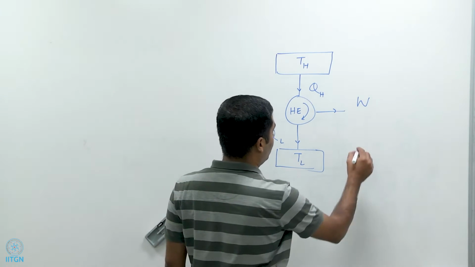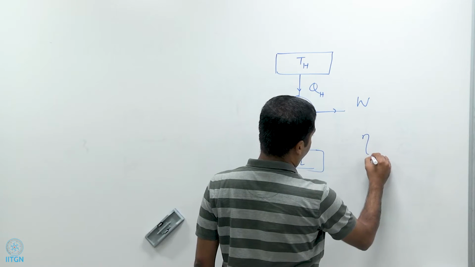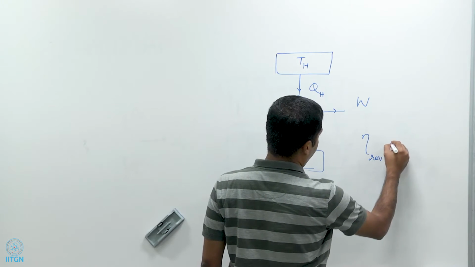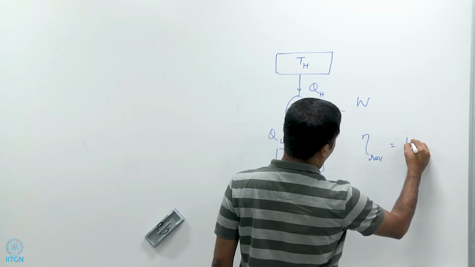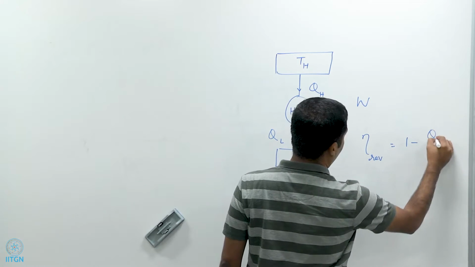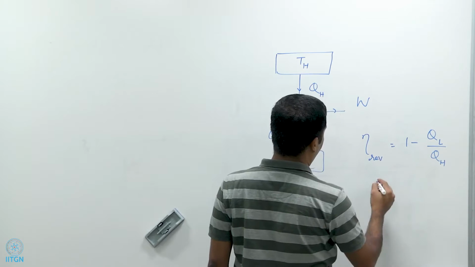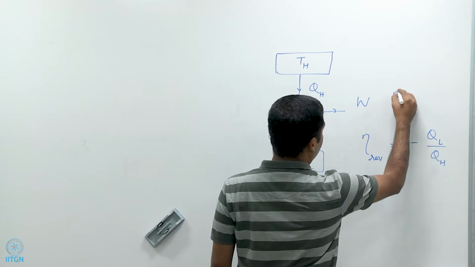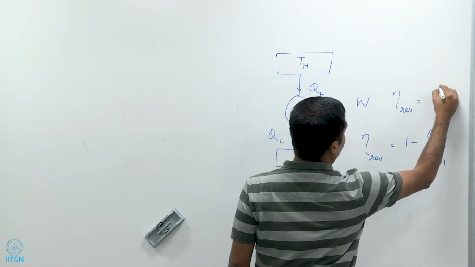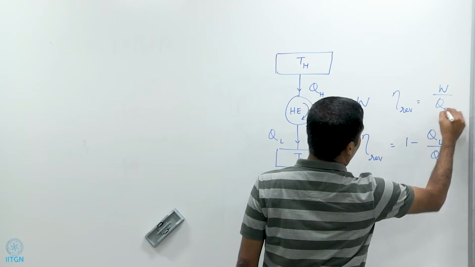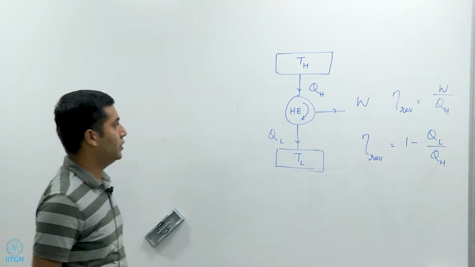Now we know that eta reversible is equal to W divided by QH, and W is QH minus QL.